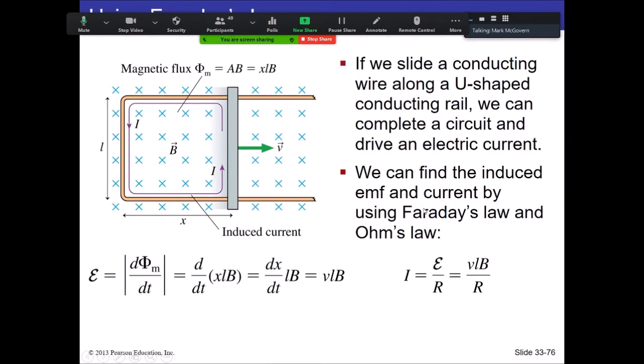All right, so let's go ahead and apply it to the original problem that we did in the last lecture, where we have a magnetic field that runs into the page. We have this conducting wire, whatever, on a rail. It's pushed to the right.